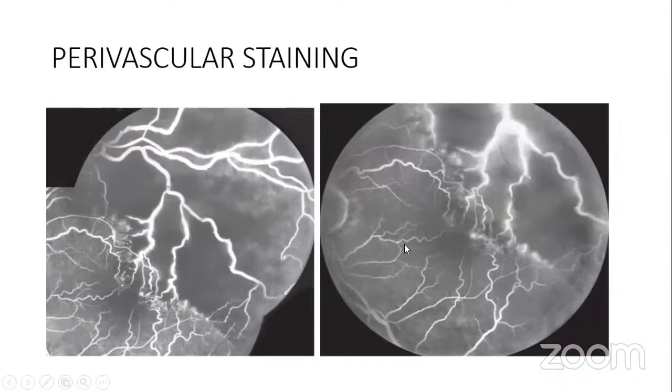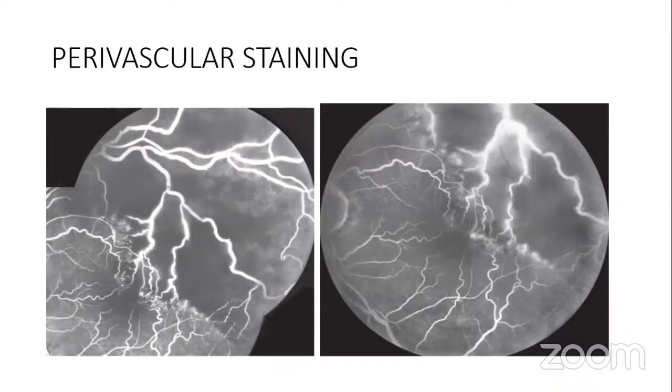So this is this aspect enlarged. So this area is normal. But this area is the area affected. So with everything going on, capillary drop-off makes the area hypofluorescent in this patient at this time. Okay.